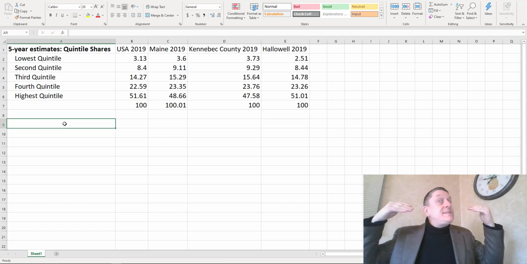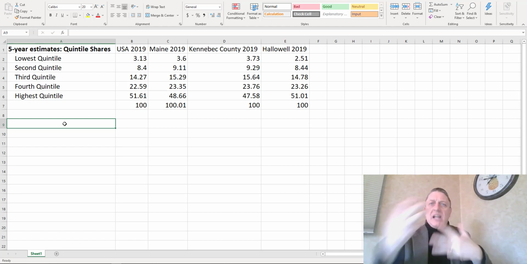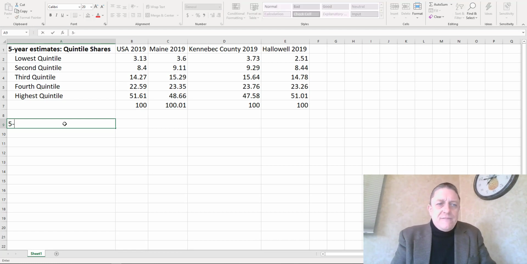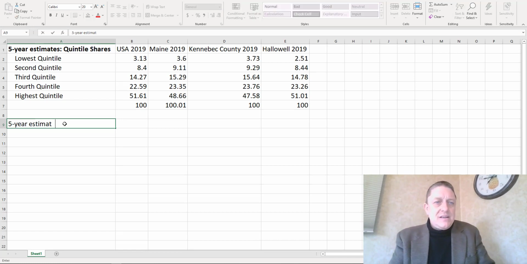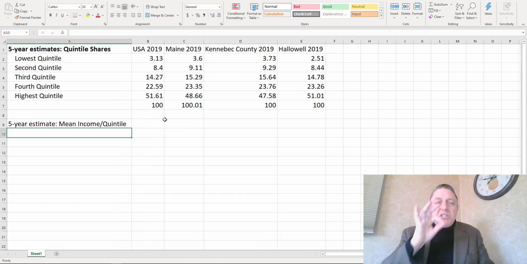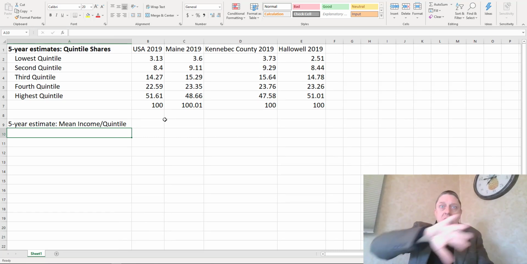And those two distinctions make a lot of difference in the nature of the life that the people in that place live. So what we're going to be looking for next is a 5-year estimate of the mean income in a quintile. That is, on average, how much income did folks in those quintiles, in those places make?